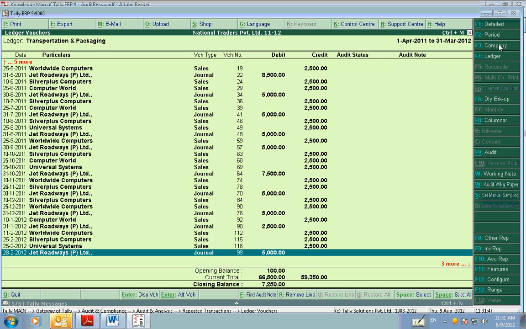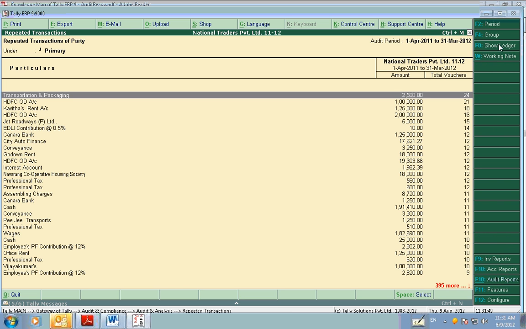Now here, these are the repeated transactions. You can see the total number of vouchers for this particular amount. The first option, transportation and packing charges, shows 2,500 and it has 24 vouchers. So 24 times has been accounted for this 2,500? You can vouch for the same and get into the transaction level and check.